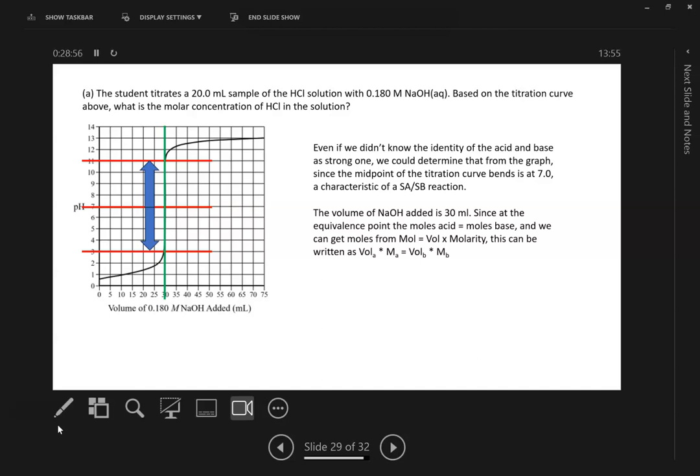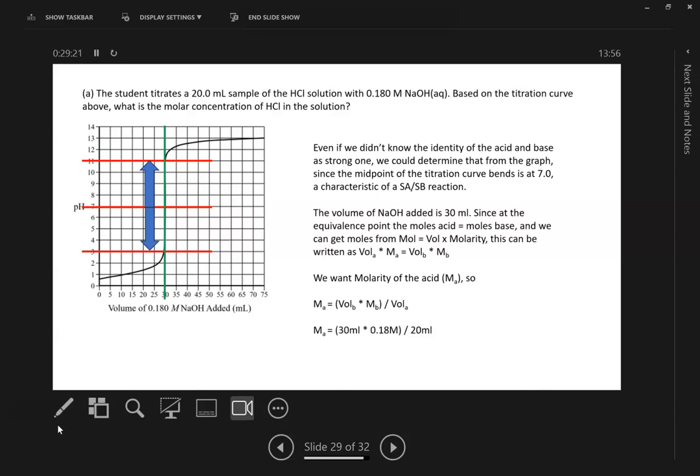So we would write that as volume of acid times molarity of acid is the volume of base times the molarity of the base. Okay, we want M sub A, the molarity of the acid. So we just rearrange that equation and we get molarity of acid as the volume of base times the molarity of the base divided by the volume of acid.